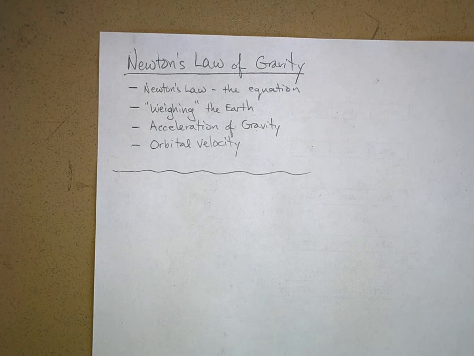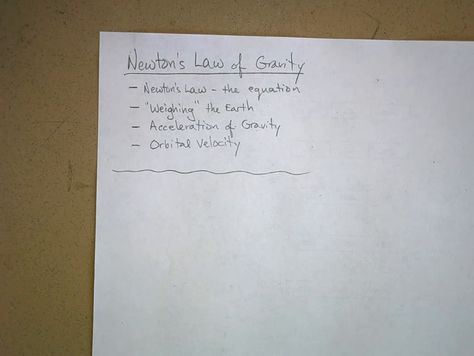Everybody's known about gravity forever. But Newton also looked at the moon, and he said, well, there's an object that's above the Earth's surface. Why doesn't it come falling down just like an apple falls from a tree? Why doesn't the moon fall and crash to the Earth?